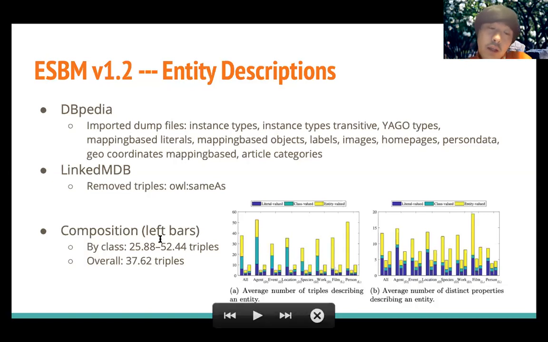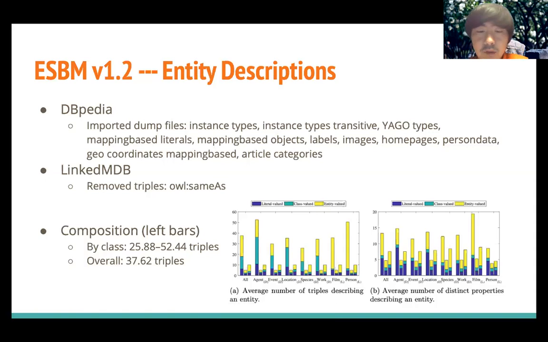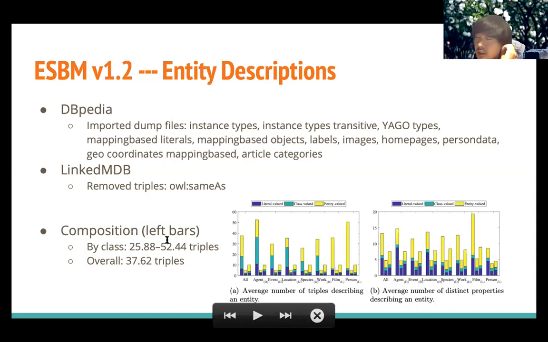But it depends on the class. For some classes, there are only 25 triples, but for some classes, an entity can be involved in more than 50 triples. So the number of triples is actually an indicator of the difficulty of the task. If there are many triples, the task is more difficult because you have more choices.